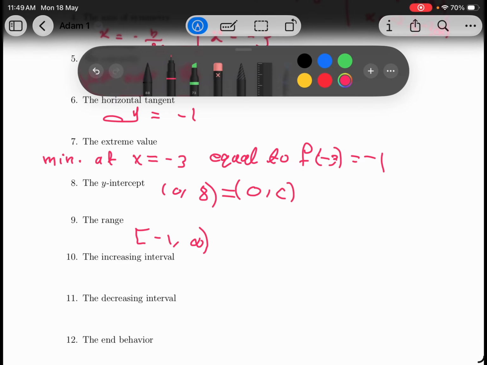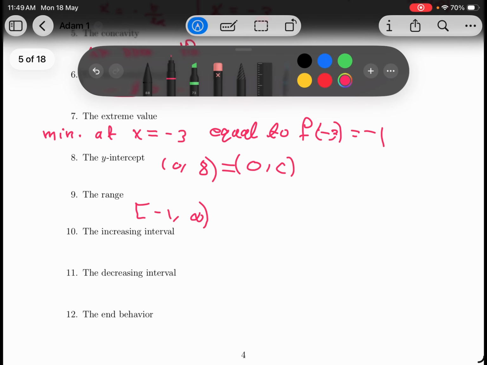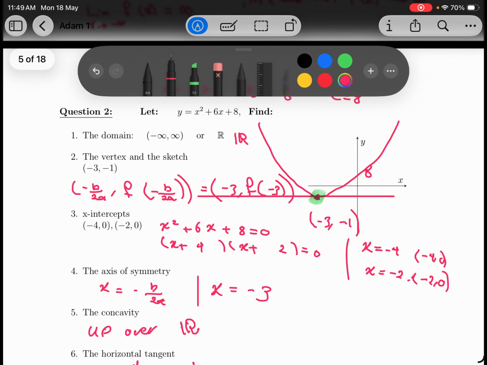Here the increasing: this function is increasing, and obviously you can see here, guys, that this function is increasing over this sub-interval from the x coordinate of the vertex to infinity. Please don't ever say that it's increasing from minus 1.